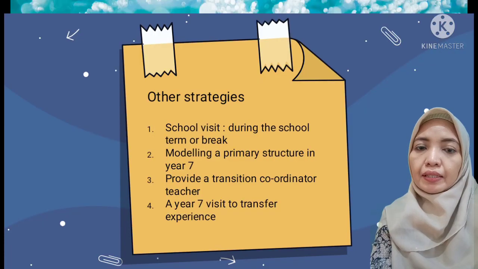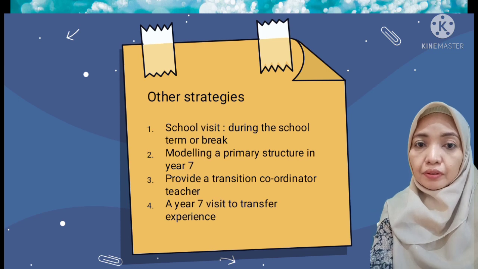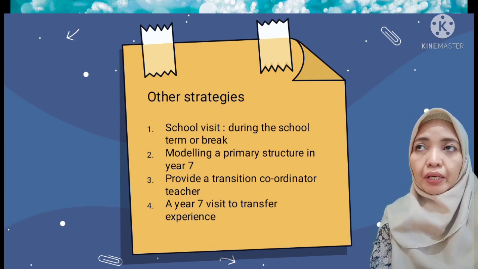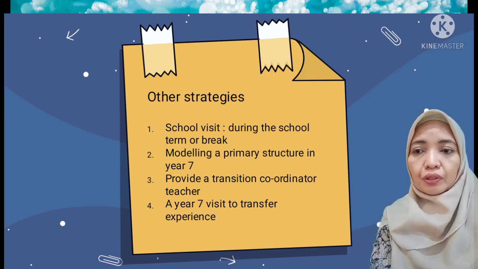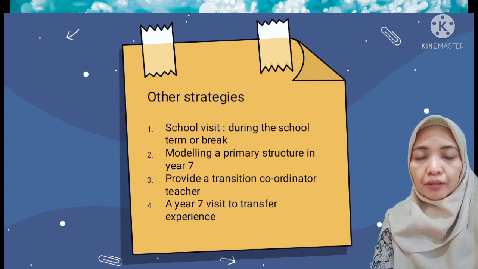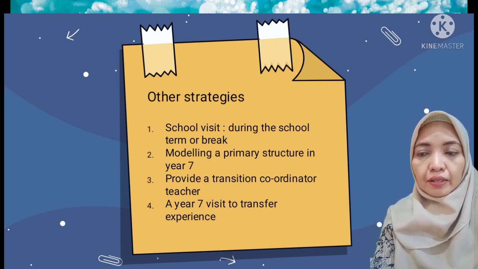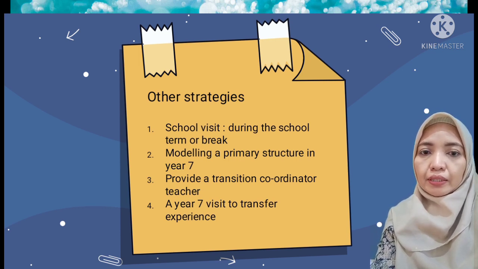Also, another strategy that can be applied to overcome the transition problems: we can do school visits during the school term or the break to introduce the secondary school or KS3, or model a primary structure in Year 7, and then the next is to provide a transition coordinator teacher.